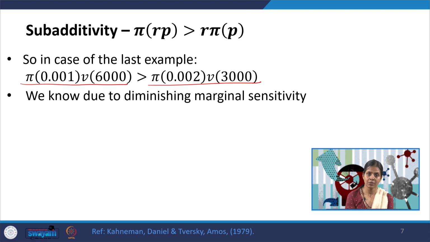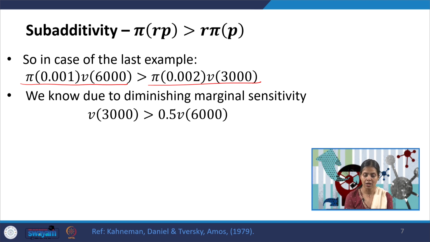We know due to diminishing marginal sensitivity, V(3000) is greater than 0.5 V(6000). What does it imply? This can alternatively be written as 2 V(3000) is greater than V(6000).